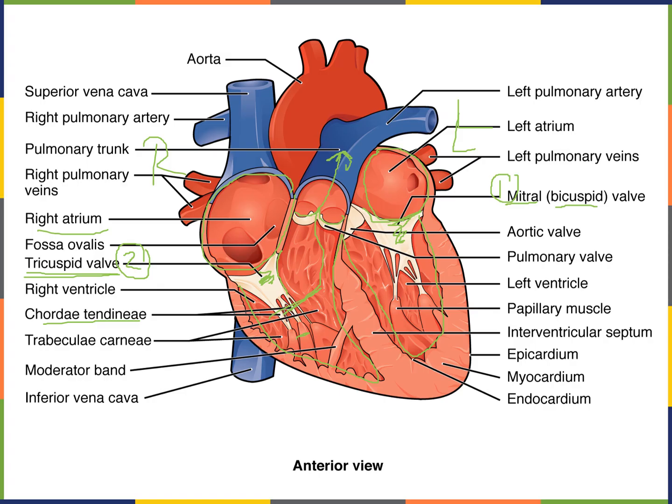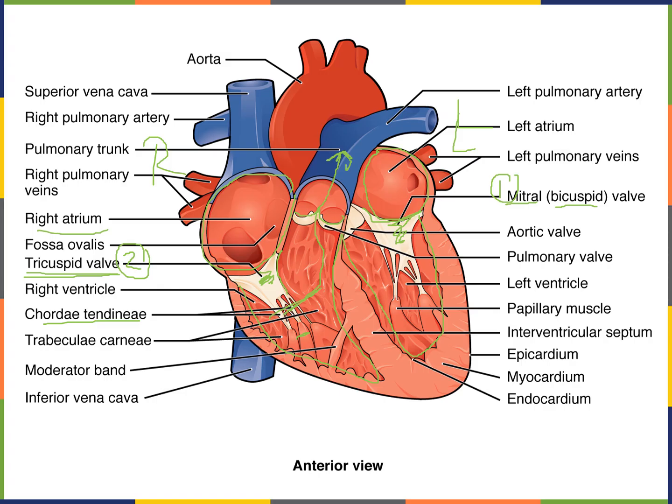So oftentimes we can think of the heart as being a double pump. The right side of the heart pumps to the pulmonary circuit. We talked about the pulmonary circuit in the narration on blood vessels.